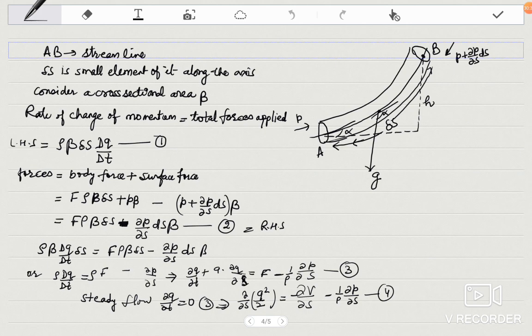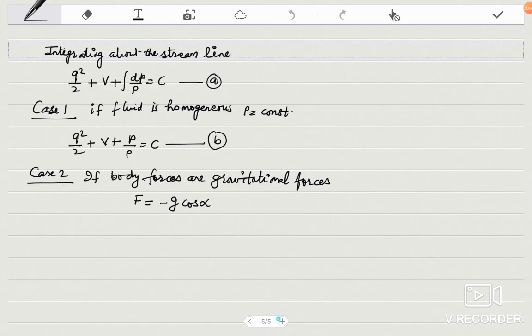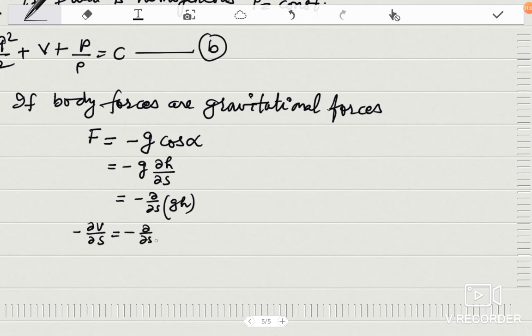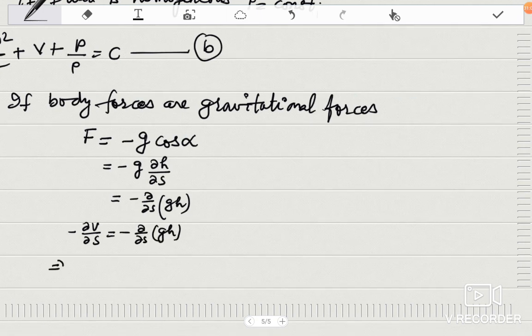You may see in this figure that this is g cos alpha, body force. And what is cos alpha? This cos alpha is minus dH by ds, which I can write as delta H by delta S, or delta by delta S of gH. Now what is this F? This is minus delta V by delta S, or delta by delta S of gH. So this implies V is equal to gH.